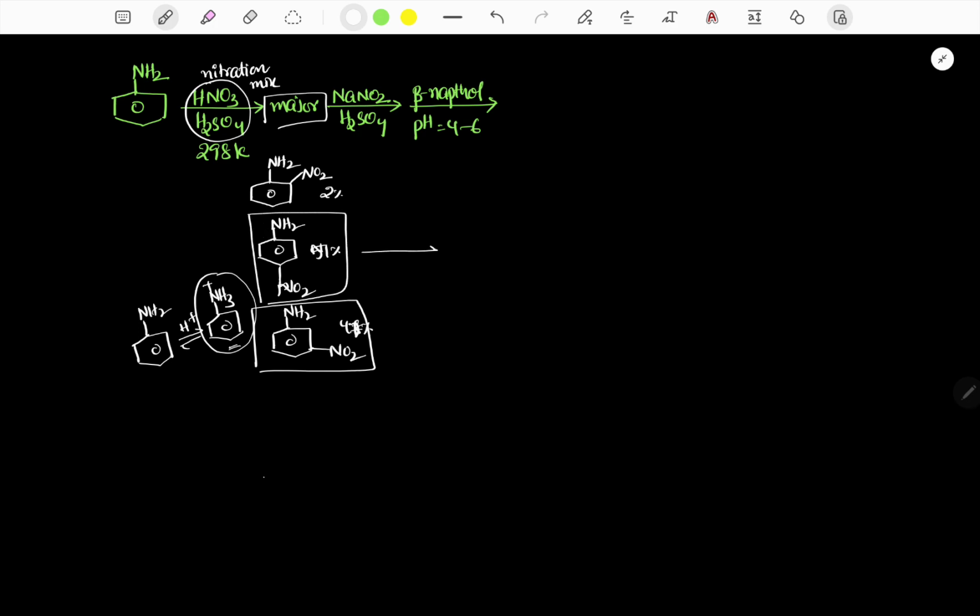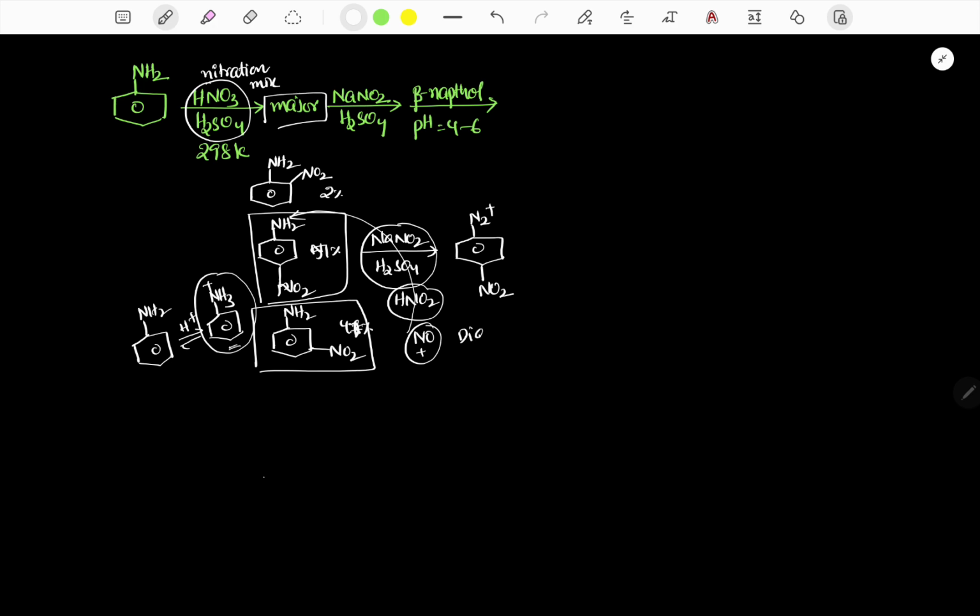Now the para product is treated with NaNO2 and H2SO4. From this combination we get HNO2. From HNO2 we get the electrophile NO+. So this NO+ attacks the nitrogen, and finally it converts into diazonium salt.